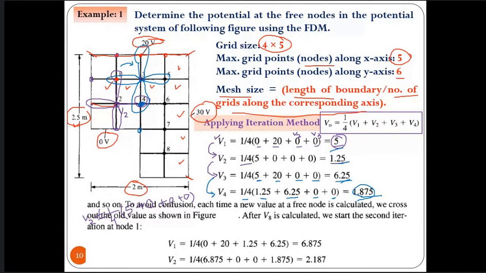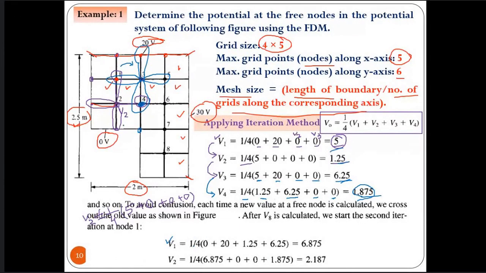But these values are not close to the real value, so you have to apply the second iteration step. In the second step, once again, V1 equals 1 by 4.